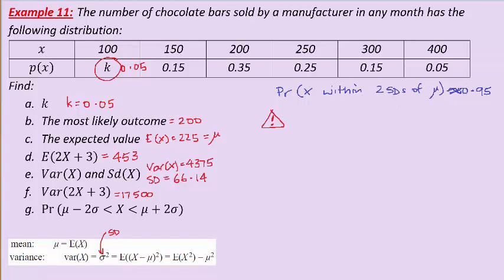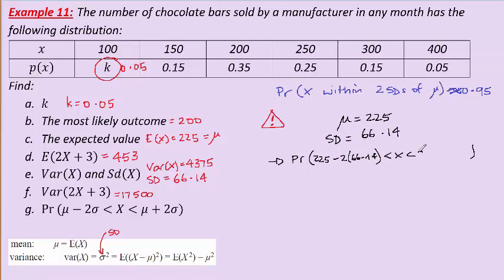So first of all, my mean is my answer to question C, so it's 225. My standard deviation is 66.14. So therefore, if I put those points into here, what I'm actually looking for is the probability that X is between 2 values here. One is 225 minus 2 standard deviations. I'll make sure there's a decimal point there.